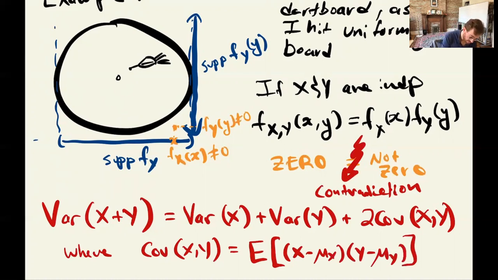And this is true always. It just so happens that when x and y are independent, this covariance is equal to 0.